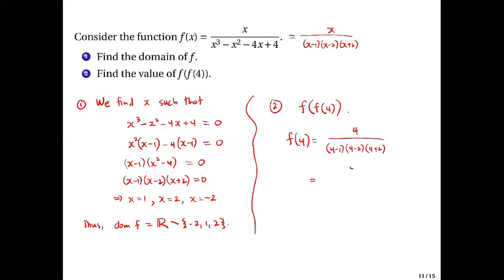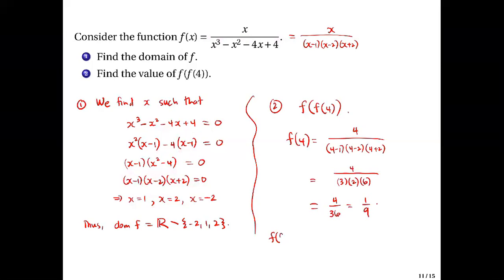So this is equal to 4 over 3 times 2 times 6. 3 times 2 times 6 is 36. So you have 4 over 36, which is equal to 1 over 9. This is f of 4.